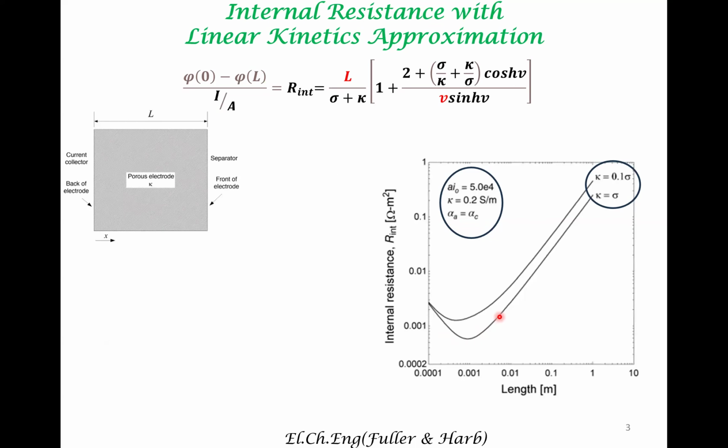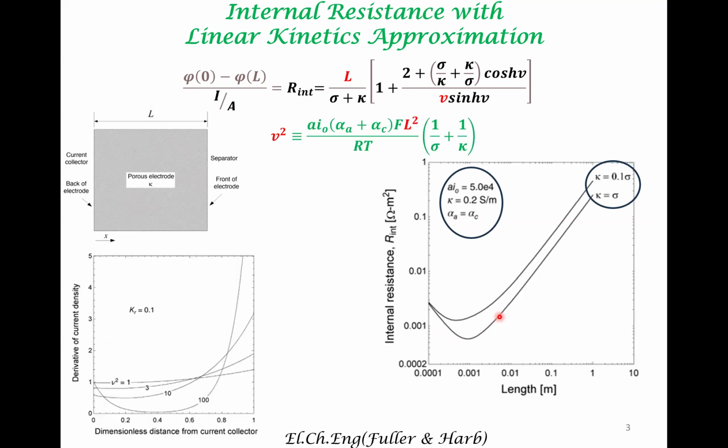So how do we rationalize this? As we mentioned, all these features, that is, a minimum in internal resistance, are important only when nu squared is large, because that is when you have non-uniformity in reaction rate.